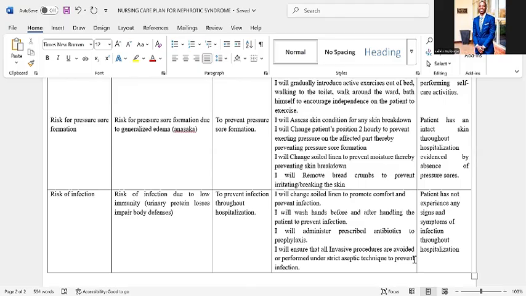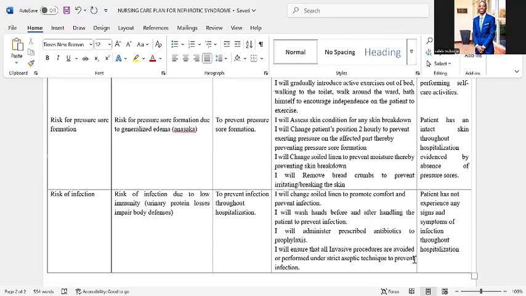Our nursing diagnosis, risk for pressure sore formation due to generalized edema. Our goal is to prevent pressure sore formation throughout hospitalization. Interventions. Number one, I will assess the skin condition for any skin breakdown. Number two, I will change the patient's position 2 hourly to prevent pressure sore formation.